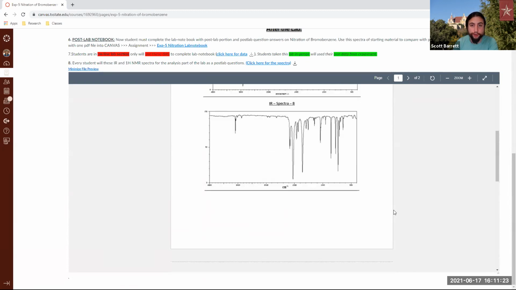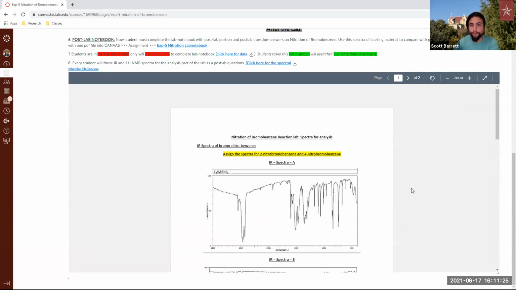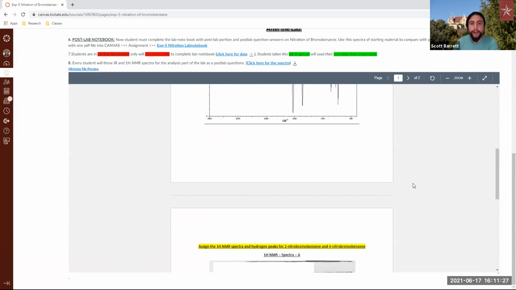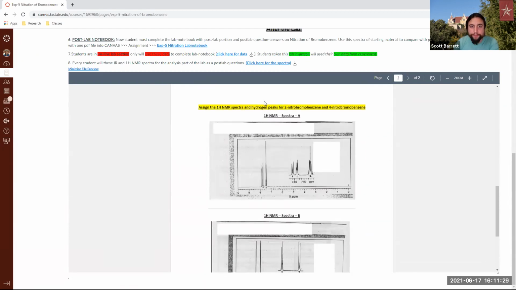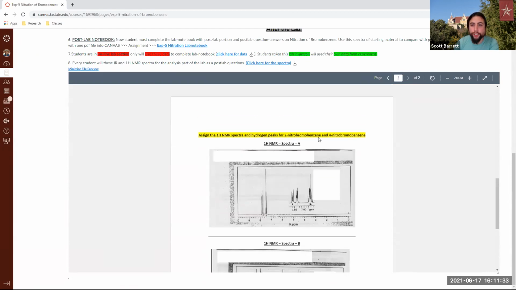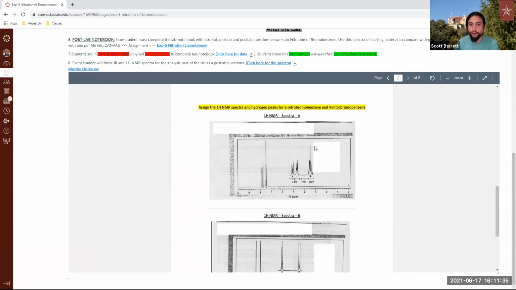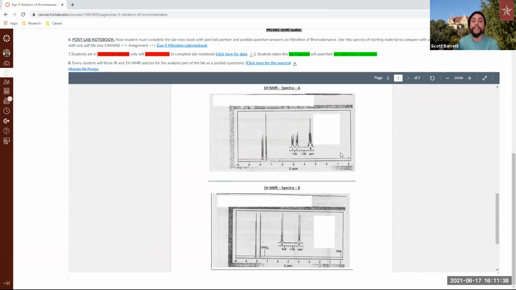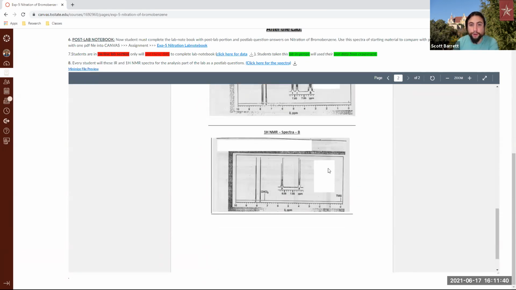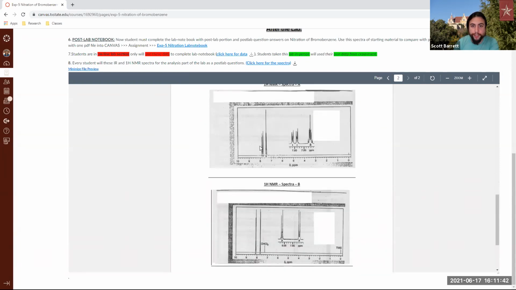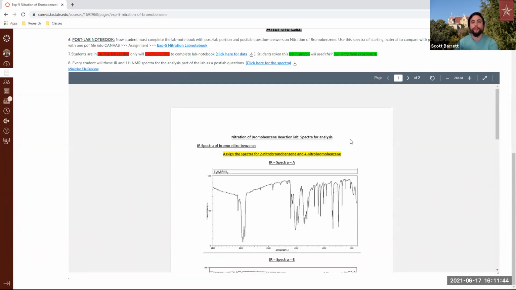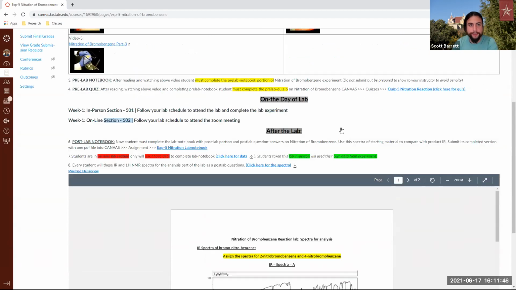Where would you find a nitro group? Where would you find an aromatic peak, bromine group? And then down here, you need to say which one is 2-nitro and which one's 4-nitro. You need to assign it to both of these. And then you need to also assign the protons. Make sure to assign the protons to each of them. That way you get full credit for your data analysis.